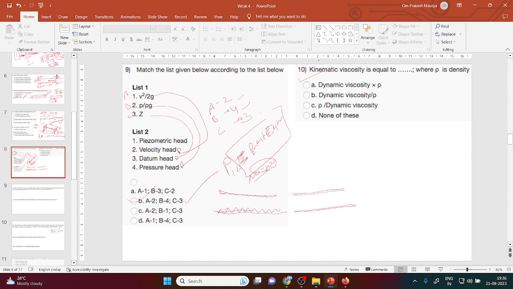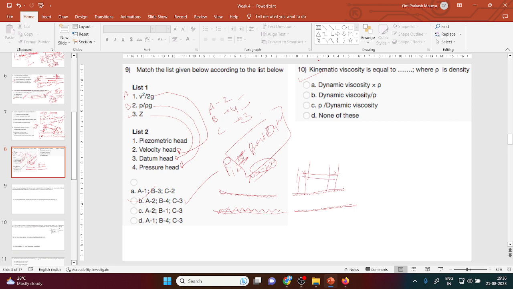You are telling in the energy gradient line, we are drawing only the pressure head and the datum head, right? Yes, sir. But if the pipe has friction, this line will decrease, right?